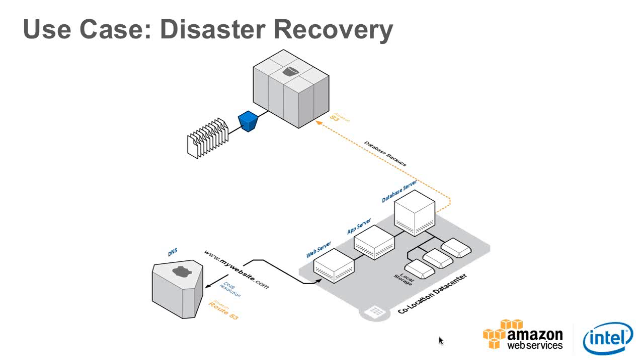it. What you can now do is leverage the AWS Storage Gateway to copy over that data of your web app and database server and have it moved to S3.